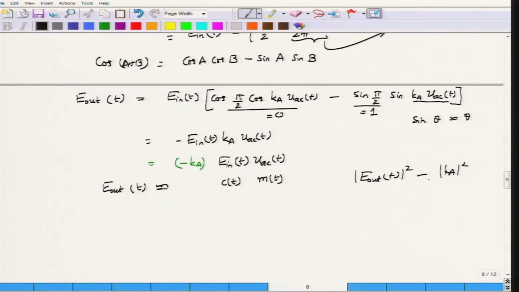So, the output power is very small, but the good news is that you have been able to obtain amplitude modulation. If your m of t, or equivalently your UAC of t, happens to be an analog signal, what you have obtained is analog modulation. This is one way of operating the Mach Zehnder modulator in order to perform amplitude modulation of an analog signal.